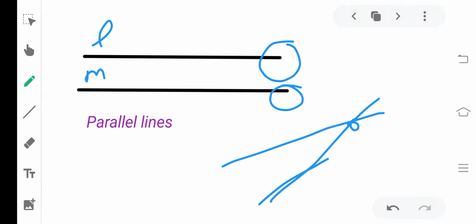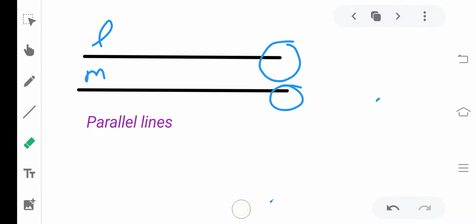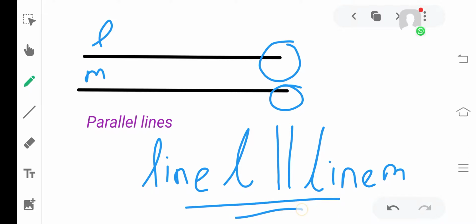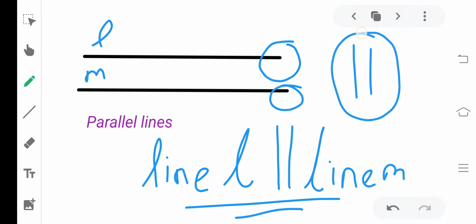To show that lines are parallel, you write line L, then this symbol, and then line M. This is the symbol of parallel lines, from which you can tell whether certain lines are parallel to each other or not.